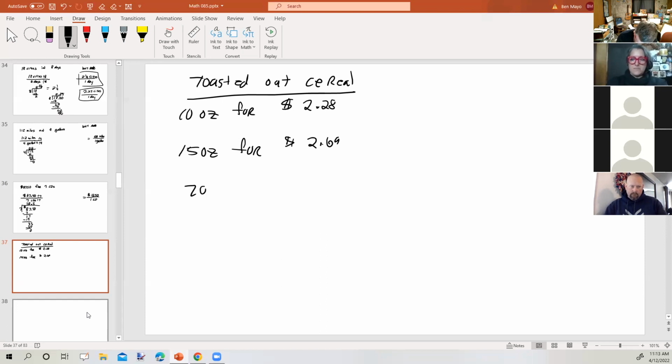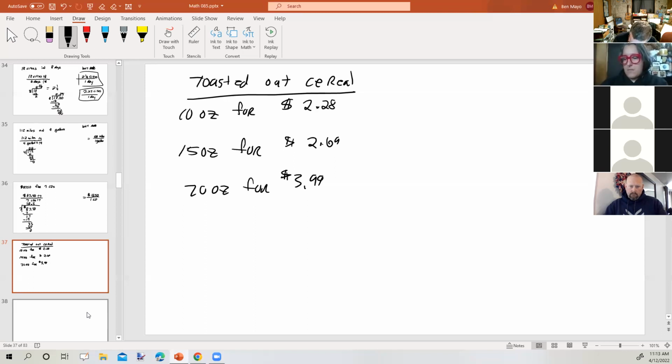And we've got 20 ounces for $3.99. Okay. It says, find the unit price of each item, rounding answers to the nearest cent. Determine the best buy by comparing results. Okay.